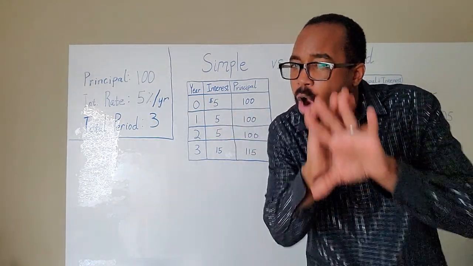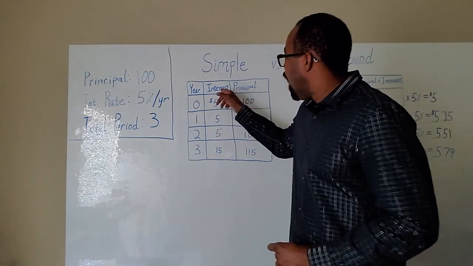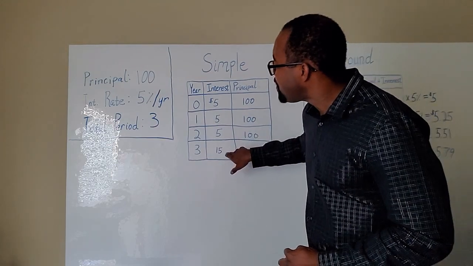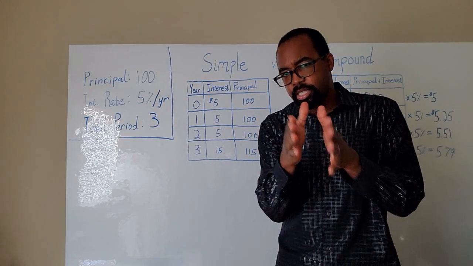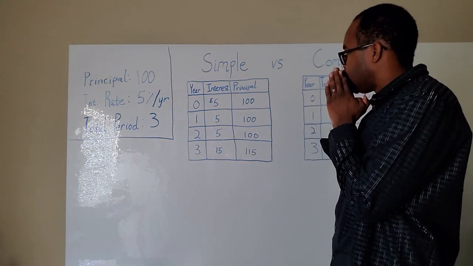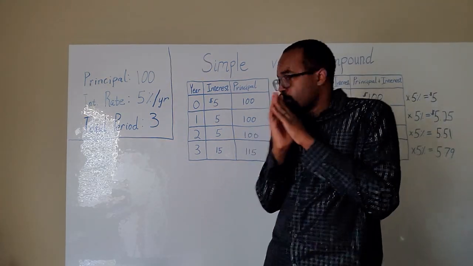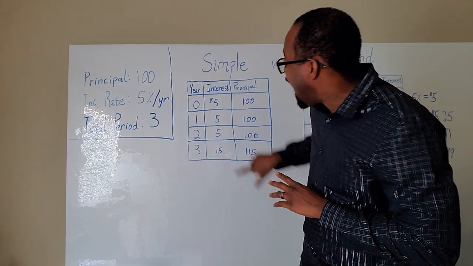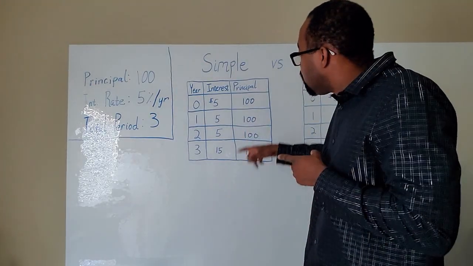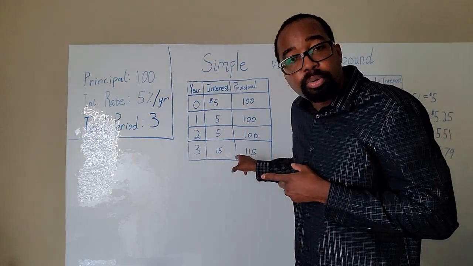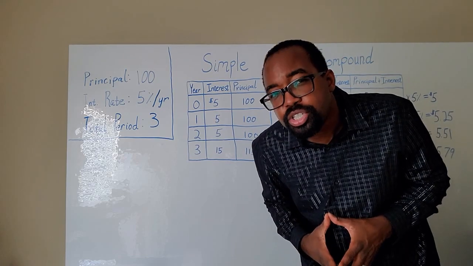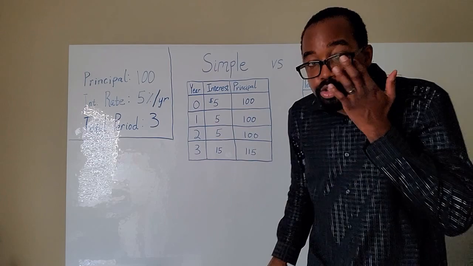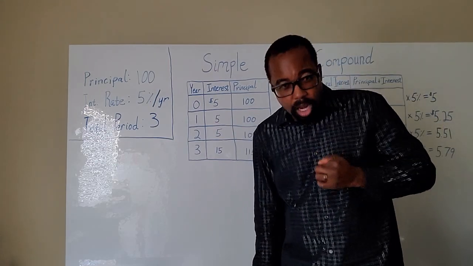Let's go to year 3, our last year. Now the interest after year 3 is going to be $15. Can anybody tell me why? Because it is the last year, and we're going to add the interest that we've gained to the principal, which is $100, and we're going to come up with a total of $115.